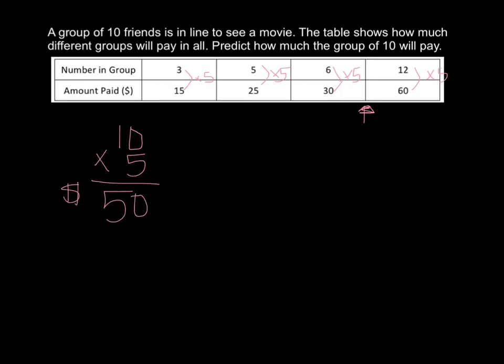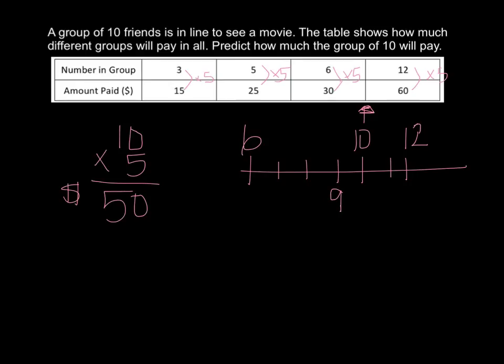Another way I could look at it is I have 6, 7, 8, 9, 10, 11, 12. Okay, so I could look at, well, if I'm going up, halfway between these two would be 9.